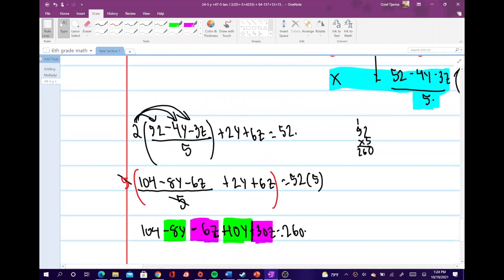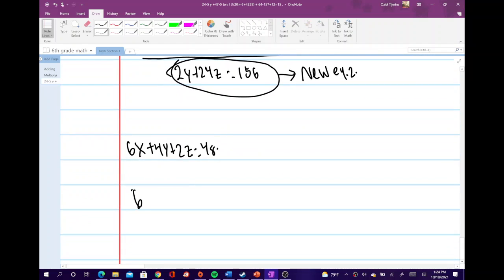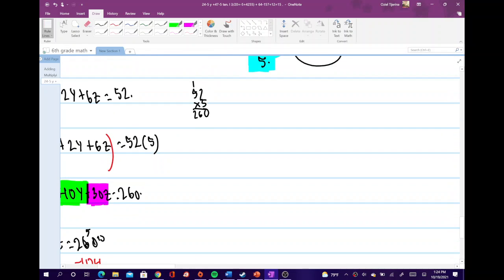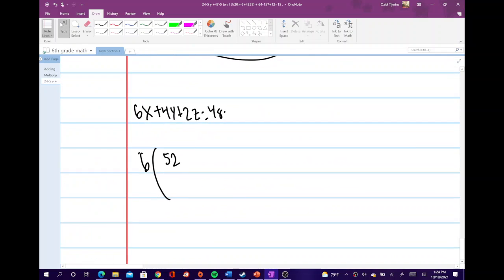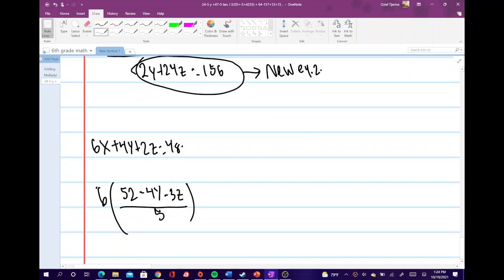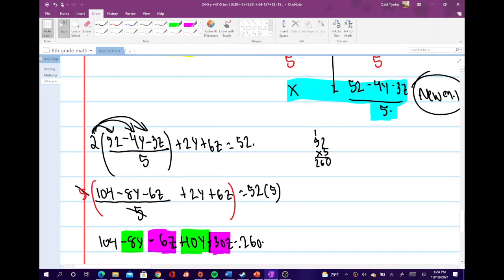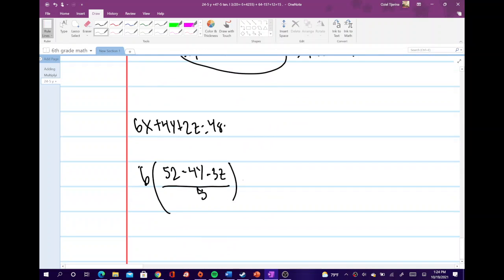So we have 6 times the quantity 52 minus 4y minus 3z, all over 5, and then just write the rest of it. So plus 4y plus 2z equals 48.